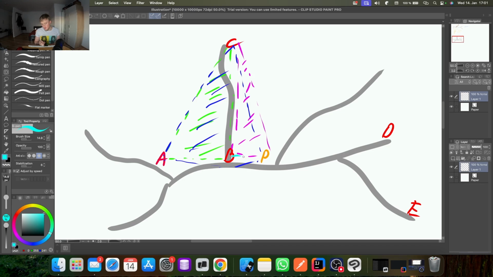It should be B to P, and then from P to A, and then from A to B. This is another triangle. It's not like a normal triangle, but it's something like we have to calculate the path. If we calculate each area of these triangles, we have 3 areas, which we have to add together to make one.